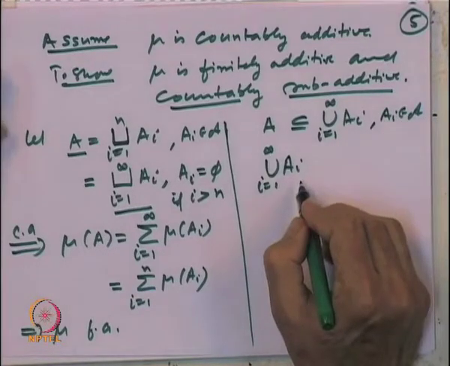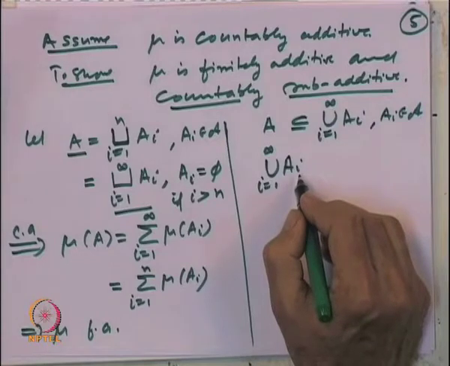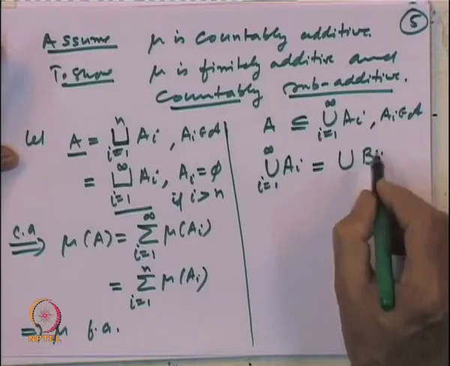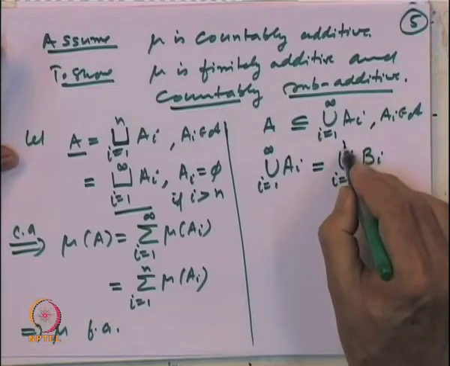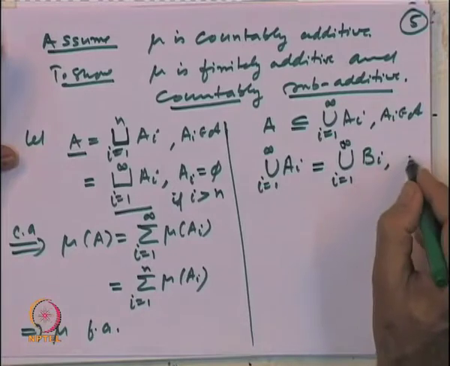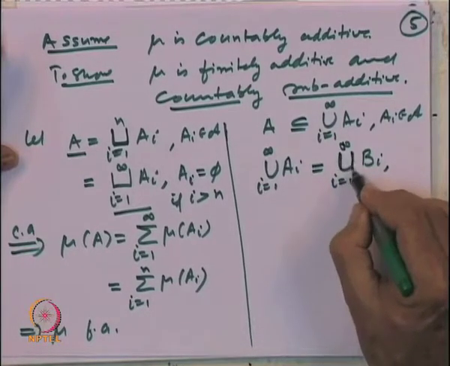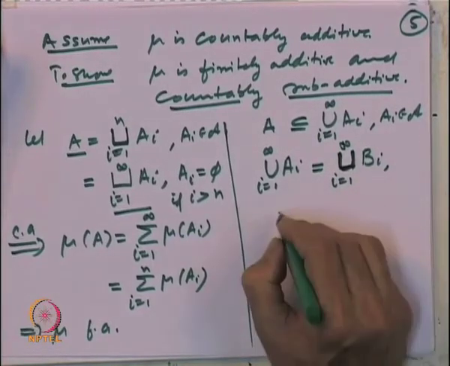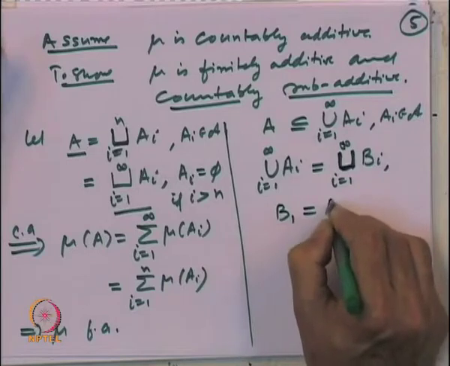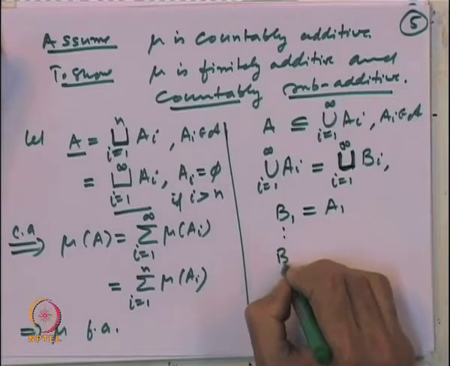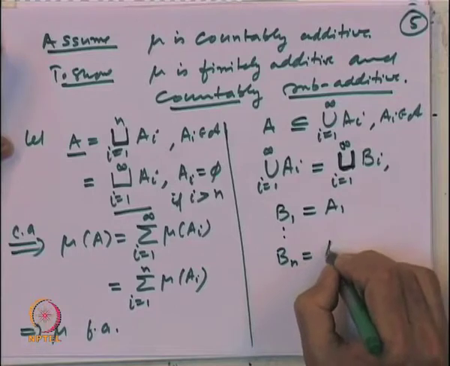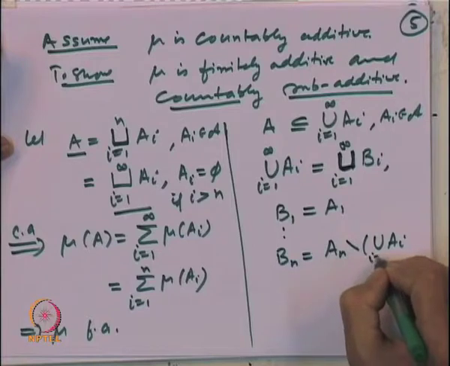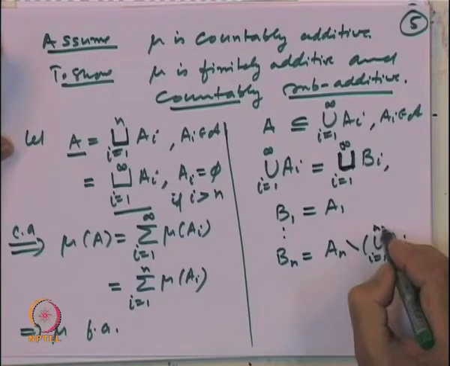If you recall, we had shown that any countable union of sets in the algebra can be written as a countable union of disjoint sets B_i in the algebra. How did we do that? Let us just recall, we defined B_1 to be equal to A_1 and in general B_n to be equal to A_n minus the union of A_i, i equal to 1 to n minus 1.